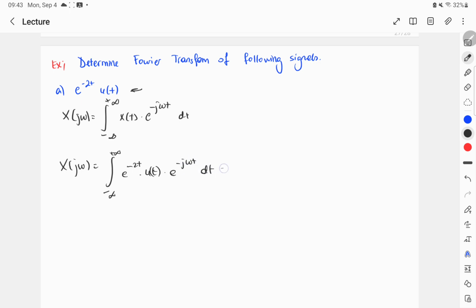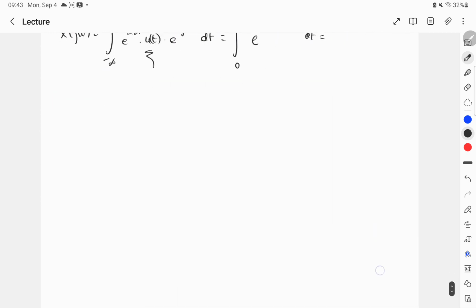And then we need to, as always, make use of this step function, and we are going to integrate from 0 to infinity. We will take the integral, and let me put all this stuff into parentheses. And eventually let's integrate.